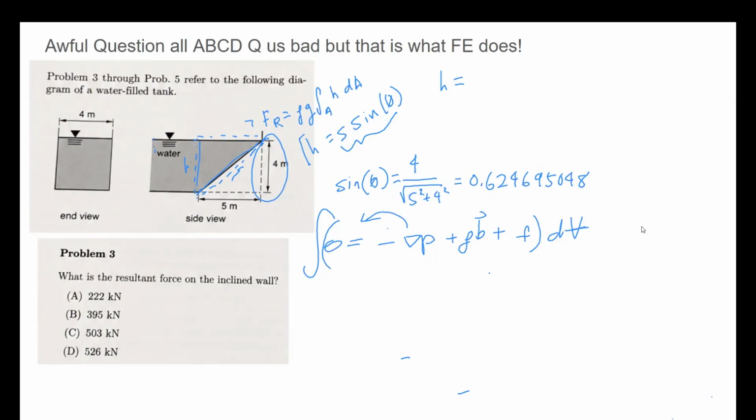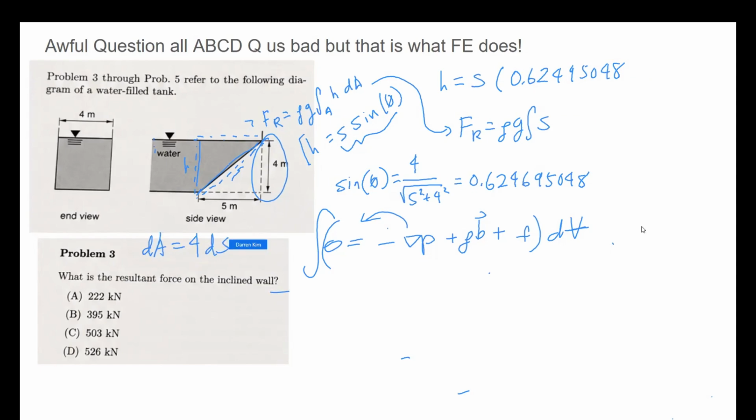It's going to be multiplied by 0.624695048. So you can kind of indicate here F_R equals rho g integral of S. Why we do S is because you can transform the dA into 4 ds, because the width is 4, right?